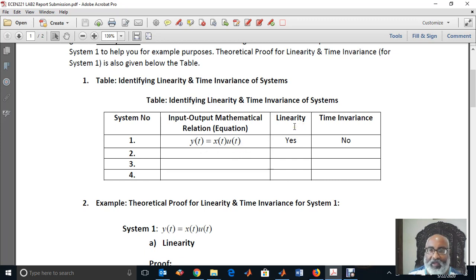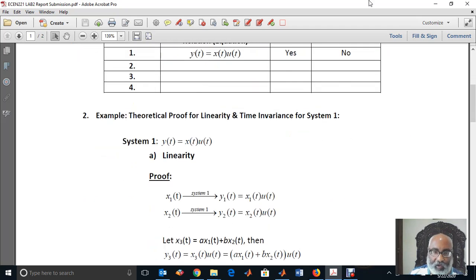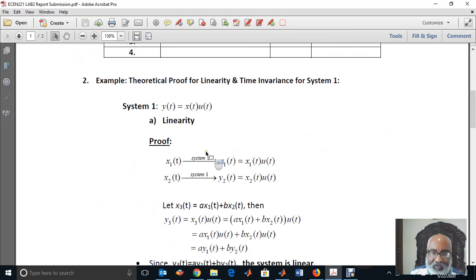We will determine the linearity and time invariance mathematically. Let's say y of t is equal to x of t times u of t.